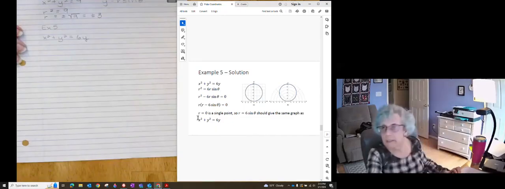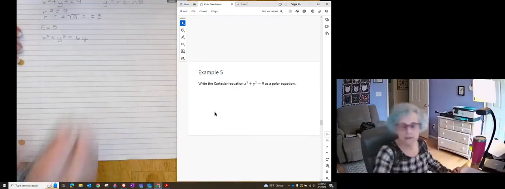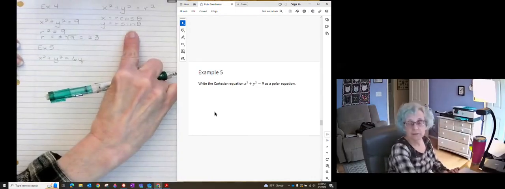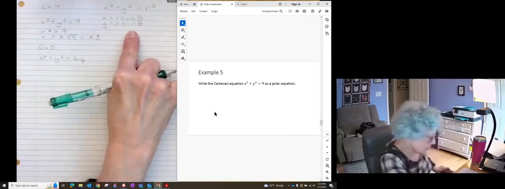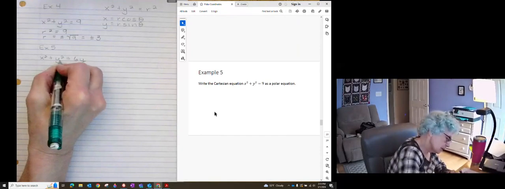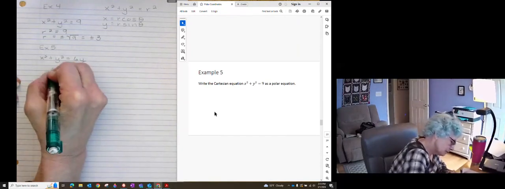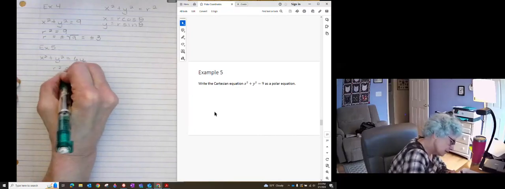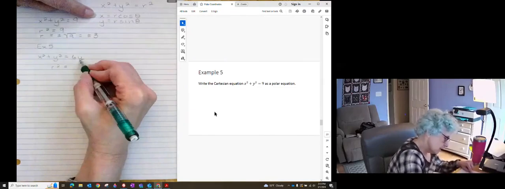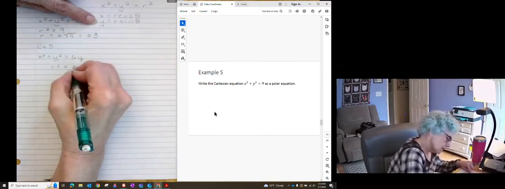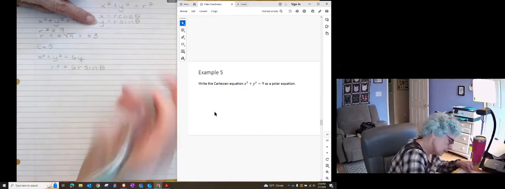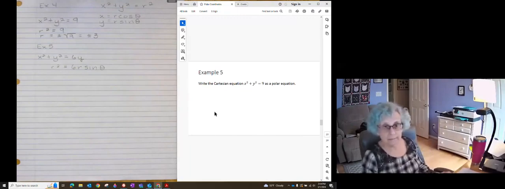And now I'm going to hide the answer so you don't see it. So I use these equations here, these relationships, x squared plus y squared. So r squared is equal to, y is equal to r sine theta, so 6r sine theta.